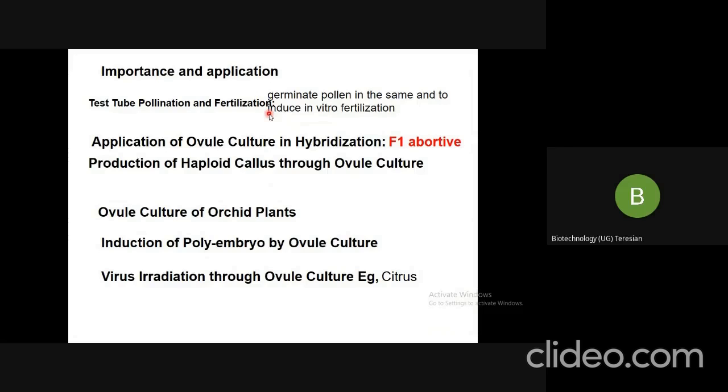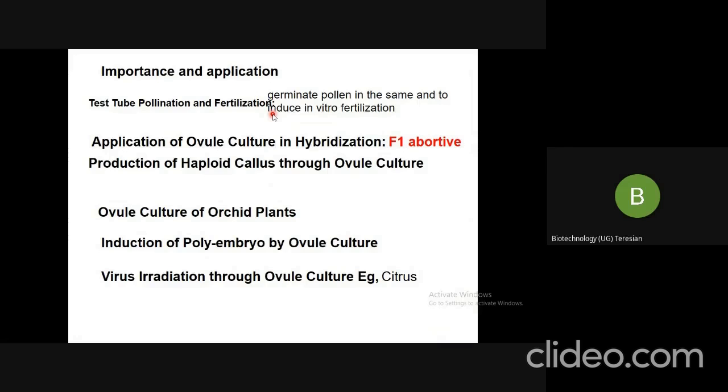All the stages of development, starting from the germination of the pollen to double fertilization, have been observed, and mature seeds containing viable embryos have been obtained by this test tube pollination and fertilization. So wherever my ovule is present, in whichever culture vessel, I add my pollen to the same vessel, so that in vitro fertilization happens.